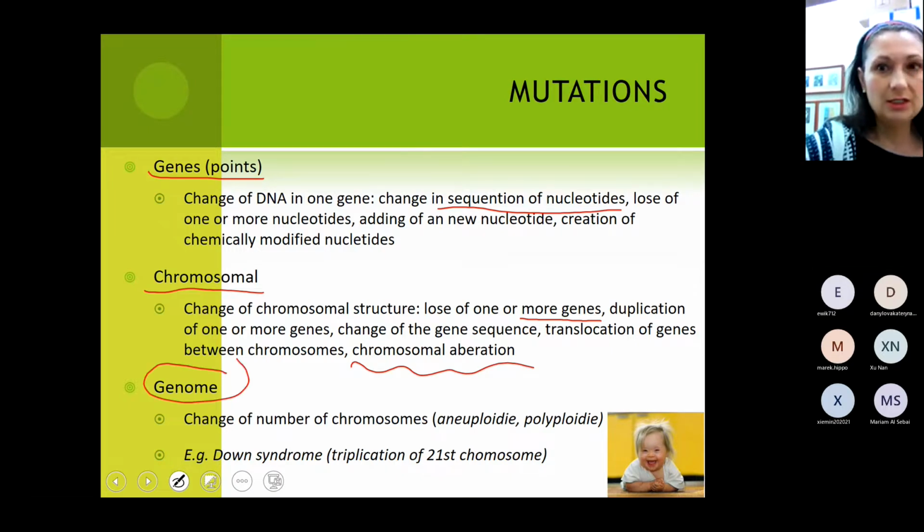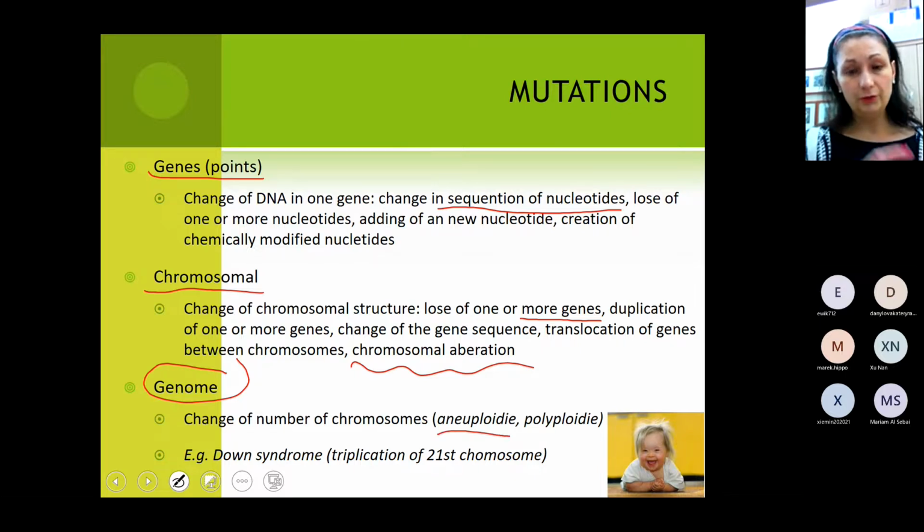The biggest mutations are in the range of the whole genome. It usually affects the number of chromosomes. There are 2 variants, aneuploidy, which is a loss of one chromosome, or polyploidy, which is gaining one additional chromosome.